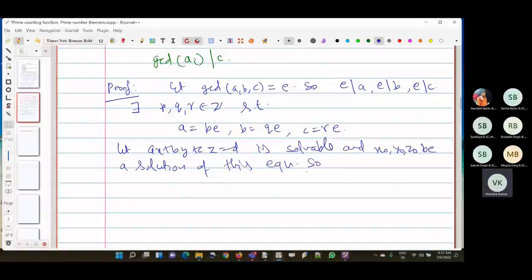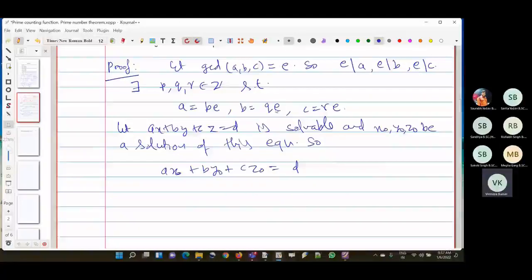So we have a x0 + b y0 + c z0 = d, because x0, y0 and z0 is a solution of this equation.